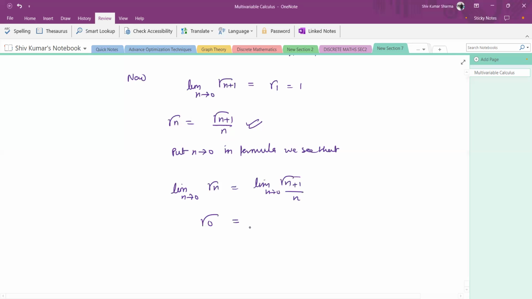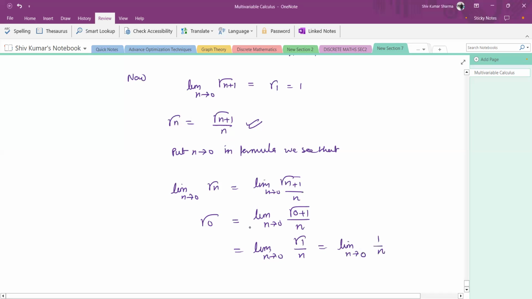Gamma 0 is equal to limit n tends to 0, where we apply the value of n as 0, gamma 0 plus 1 upon n. So this can be written as limit n tends to 0. The value of gamma 1 is 1, so this gives us limit n tends to 0, 1 upon n.